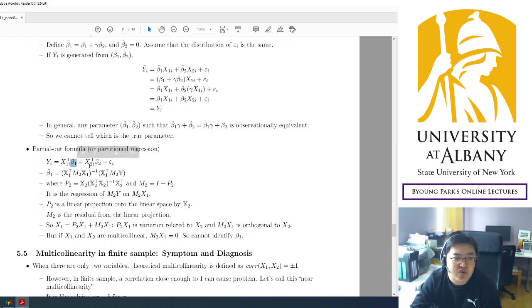We know that x2 has some effect on y, but we are interested only in beta 1 on x1. How can we simplify this? The formula is given in econometrics 1, where P is a projection matrix. P is a projection matrix onto x2.